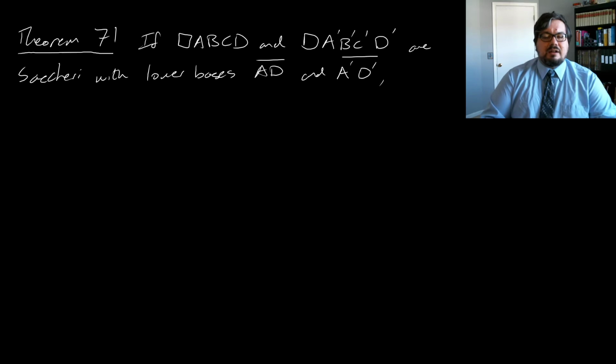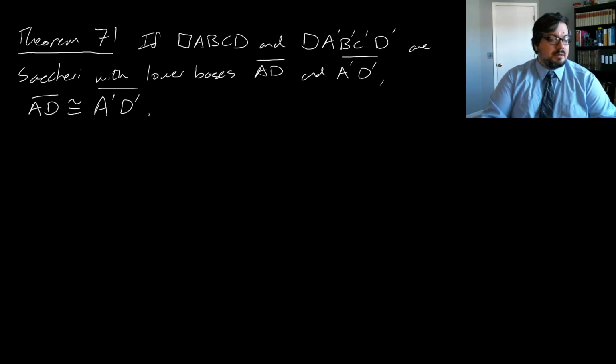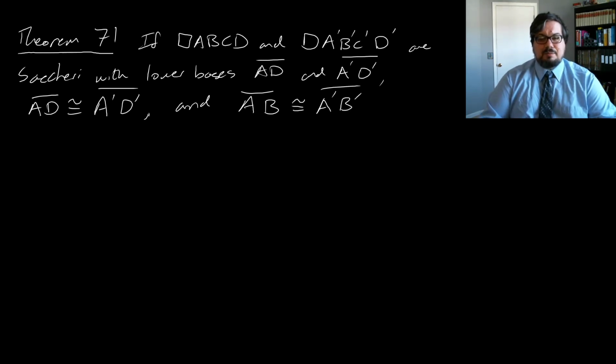If we have two Saccheri quadrilaterals and we know the following: if we know that their lower bases are congruent segments, and we know that one of their corresponding sides are congruent, AB is congruent to A prime, B prime, then we have congruence of all the other pieces in the Saccheri quadrilateral.